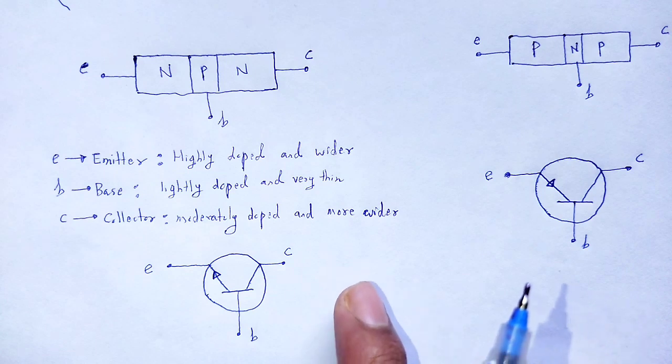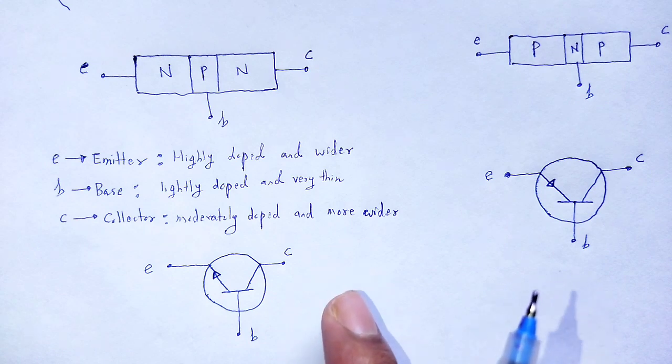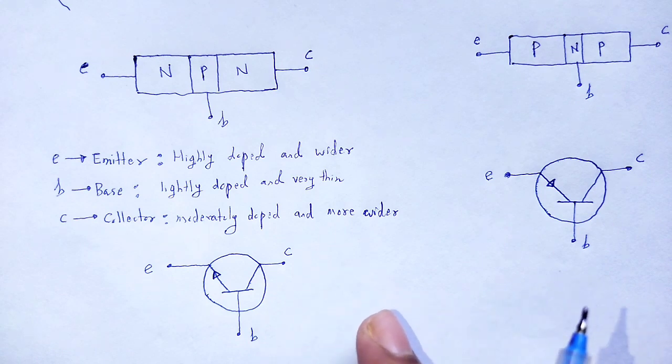When we are dealing with a PN junction diode, if it is forward biased, then it allows the current to flow. If it is reverse biased, then it obstructs the flow of current.